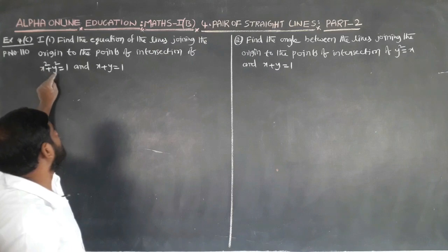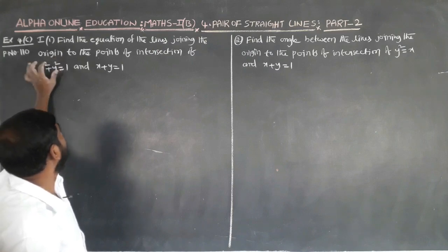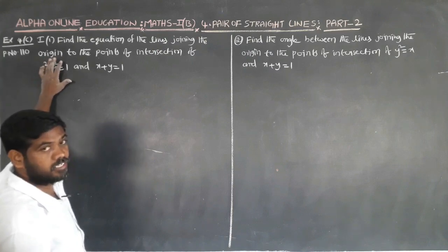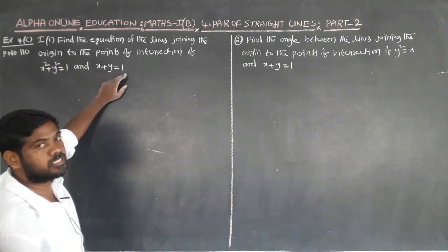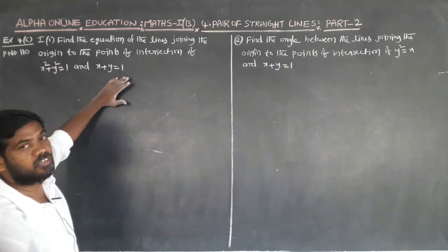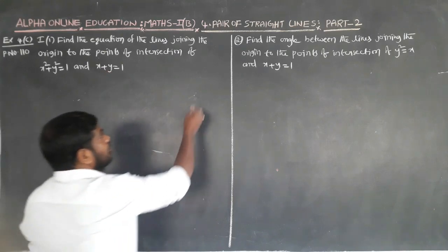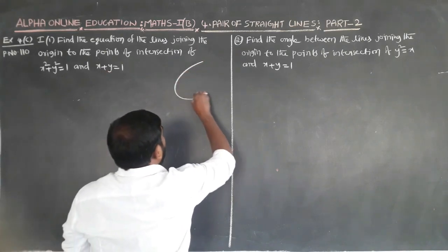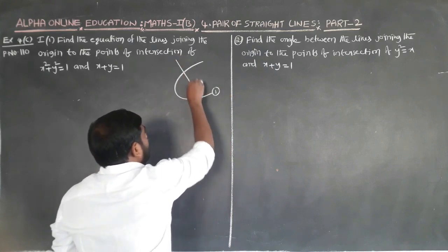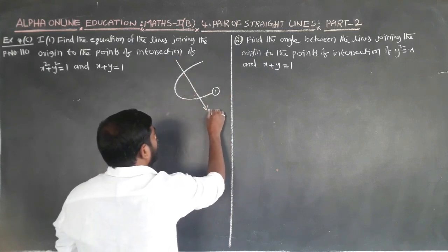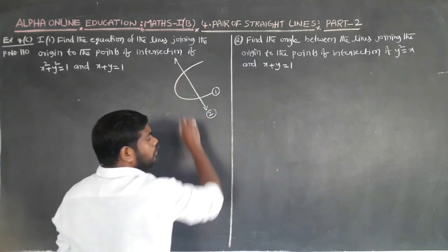X square plus y square is equal to 1 is a second degree equation, a curve, and x plus y is equal to 1 is a first degree equation, a line. The curve is let 1, the line is let 2.